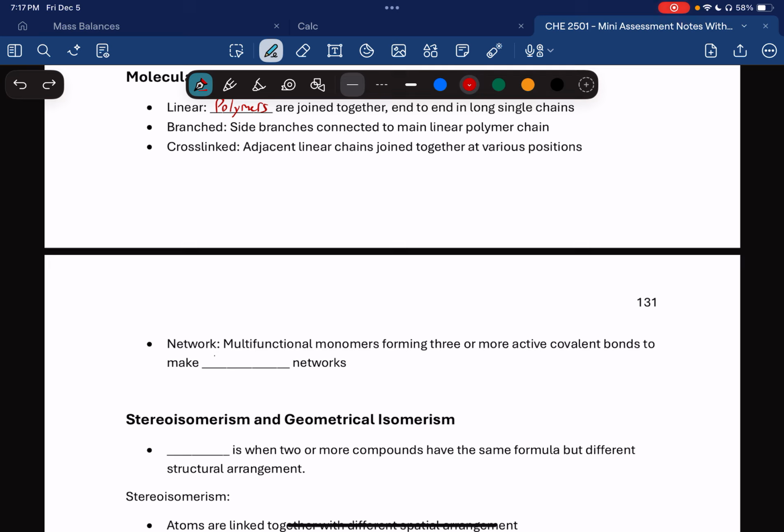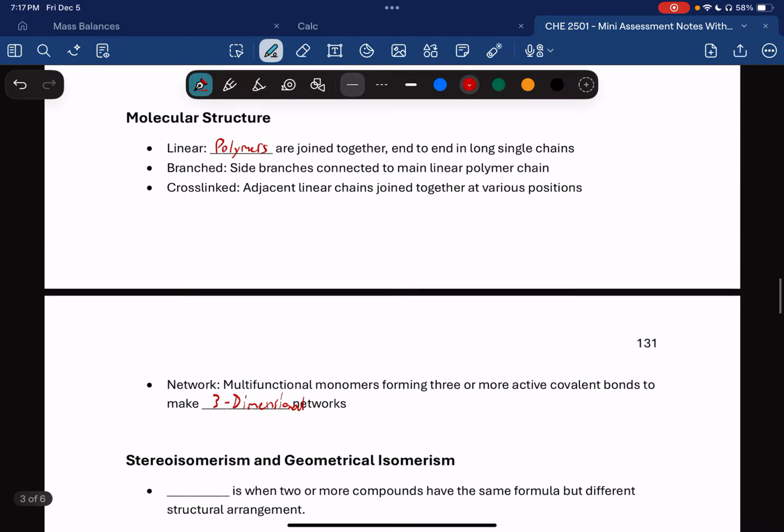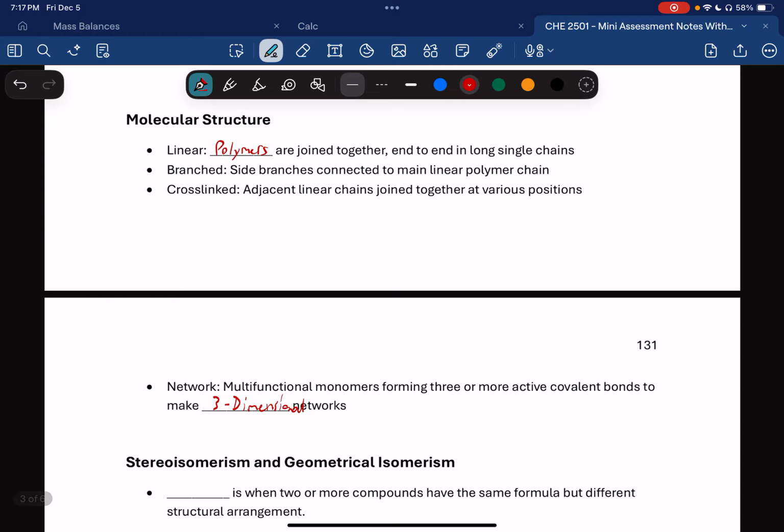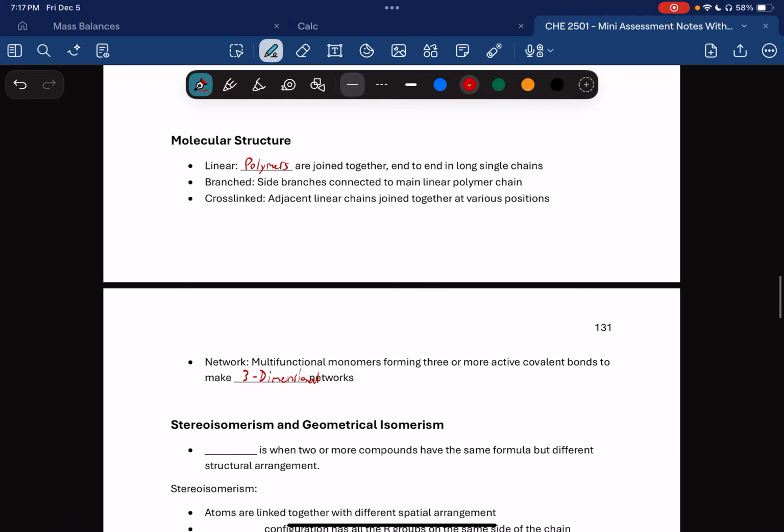Yes, three-dimensional networks. Sorry about that. So there's a bunch of different kinds of structures you can have, and foundationally, they all start with the linear.